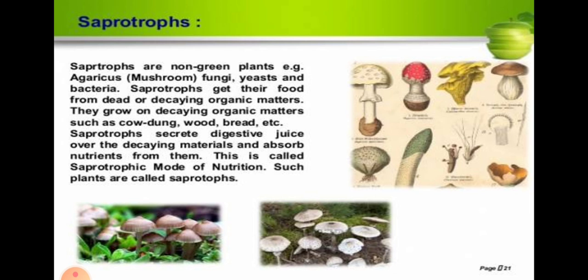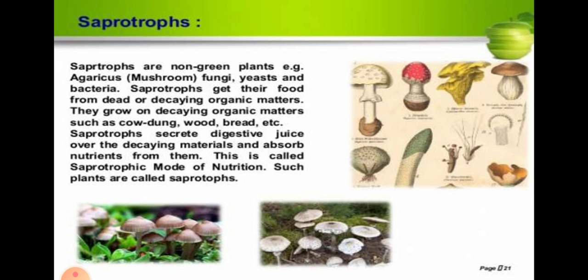Now, how do the non-green saprophytic plants such as fungi obtain their food? They secrete digestive juice on dead and decaying organic matter and convert it into a solution. Then they absorb the nutrients from the solution.